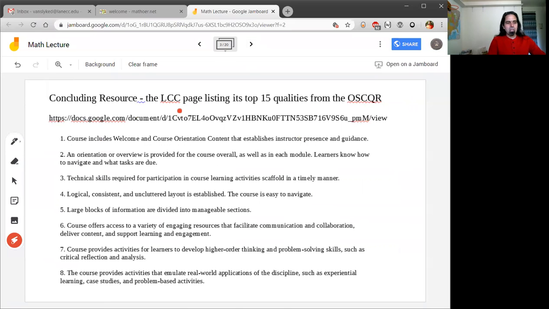So this is sort of the international version. And it has a whole bunch, like more than 50. So this link here, which I'm not going to show you, was that people at LCC wanted to have a more manageable checklist. So they just picked their top 15.